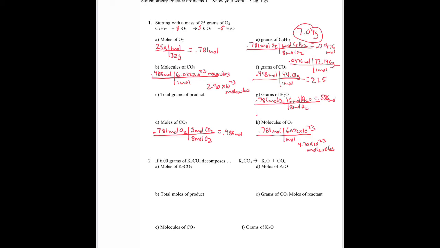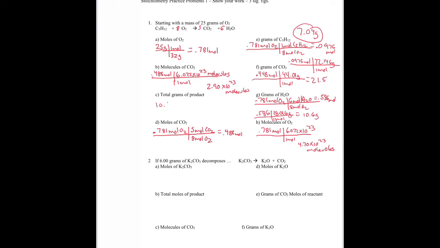And if I take my 0.586 moles that I just calculated, multiply it by the molar mass of 18.016 grams per mole, that's going to give me a mass of 10.6 grams.